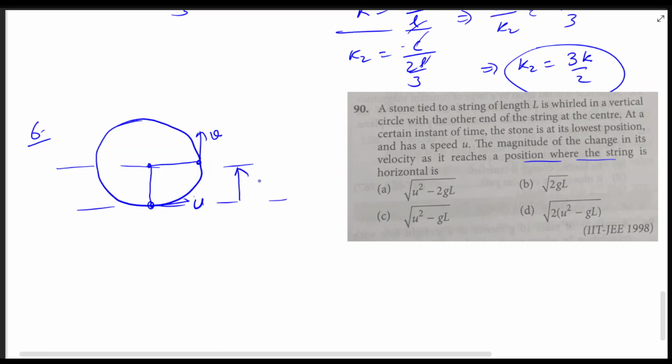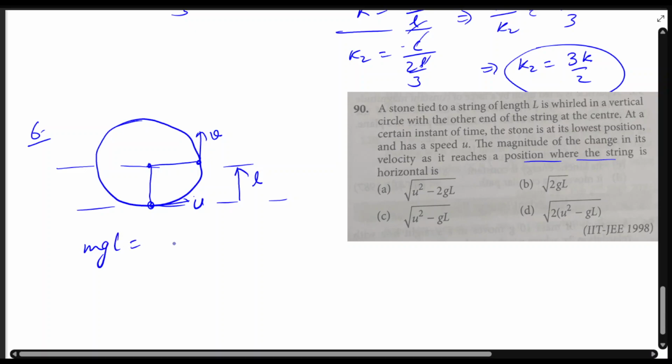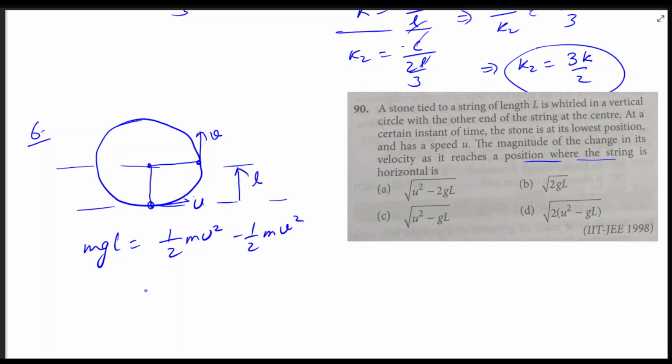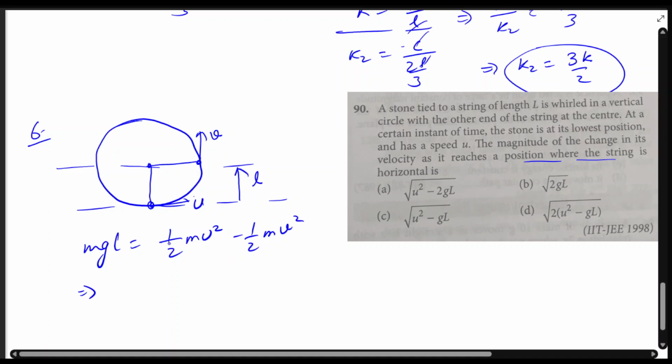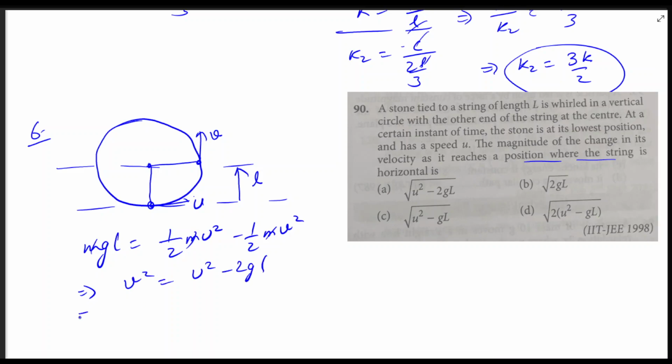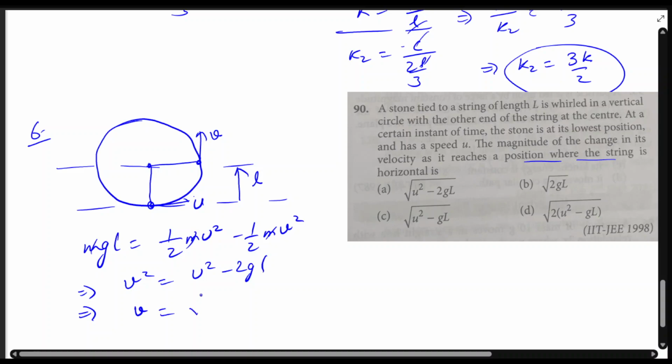So it is going up by a length L. So we will have mgL equals half m u square minus half m v square, right? So m will get cancelled and we get v square as u square minus 2gL. So we will get v as root of u square minus 2gL.